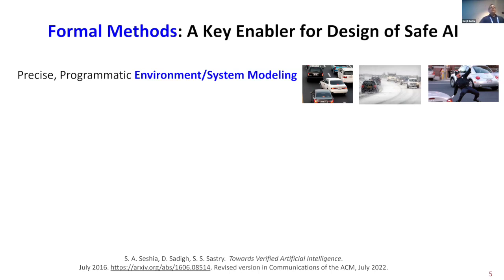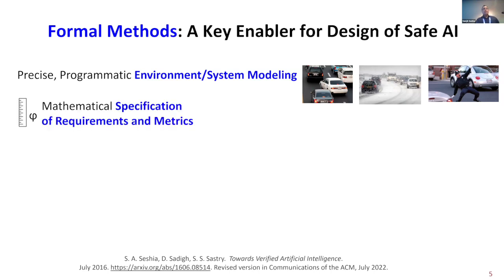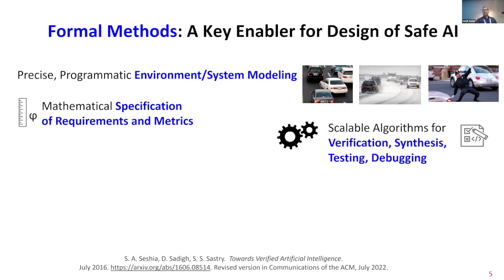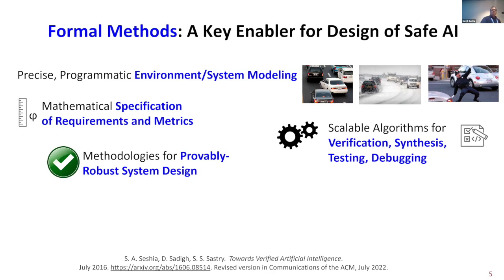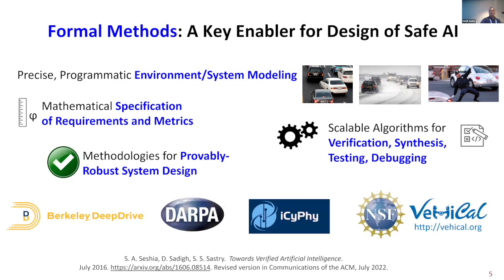SCENIC is a step towards trying to capture these world models. It also gives you a mathematical notation to specify requirements and metrics for these systems, scalable algorithms for verification, synthesis, testing, and debugging, and also an overall design methodology for provably robust design. And the work I'm describing today has been supported by many agencies over the last several years.